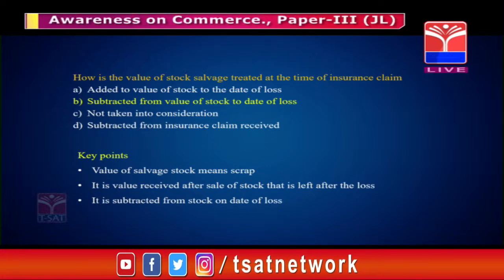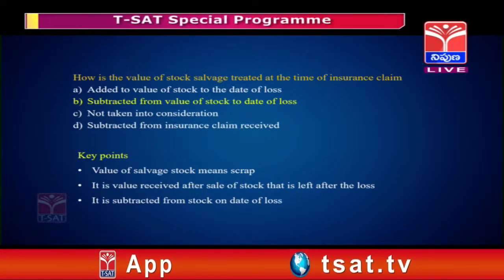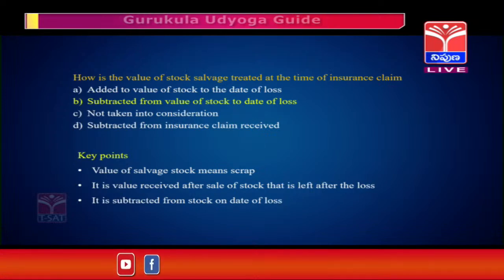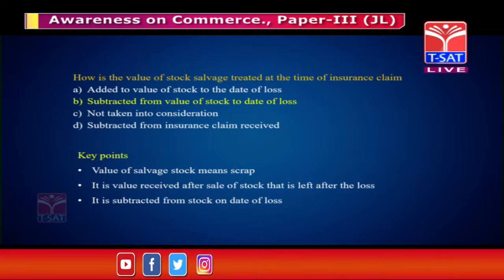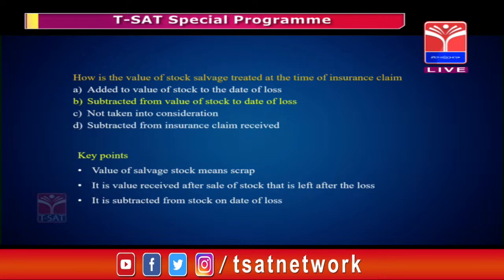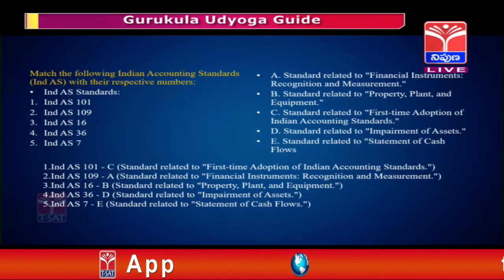We have to understand first, salvage means you're talking about scrap. It is the value which is received after the sale of stock that is left after the loss. Therefore, you have to subtract it from that particular value of stock. So, B gives you the right answer.